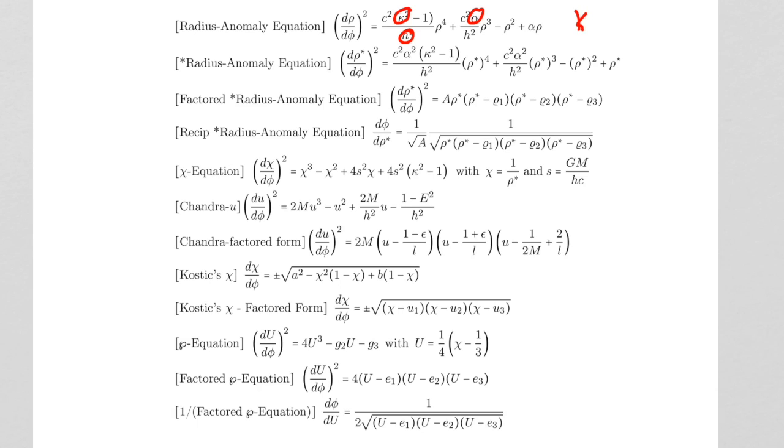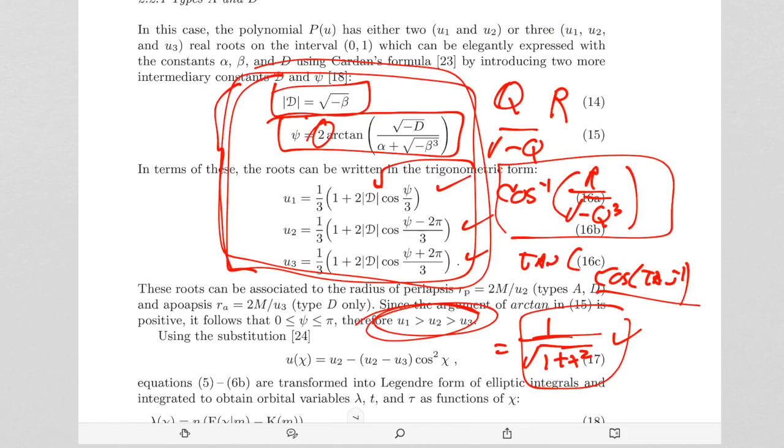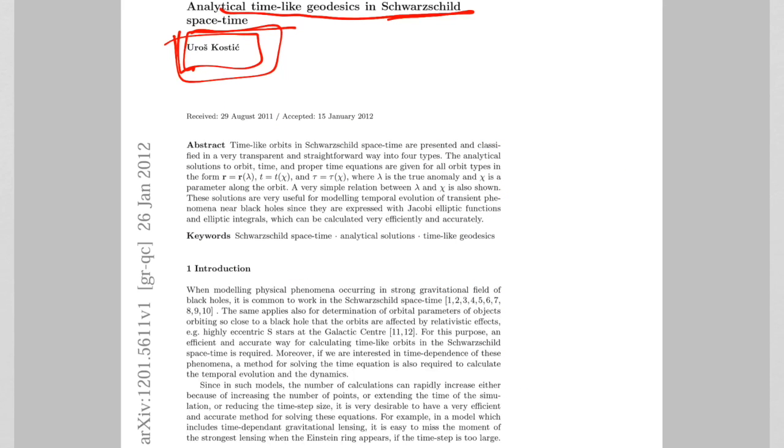So with kappa, h, and alpha, we can construct in a Schwarzschild spacetime all of these essentially equivalent differential equation based mathematical models. What are we looking for? We're looking for the analytical time-like solution, time-like geodesics.